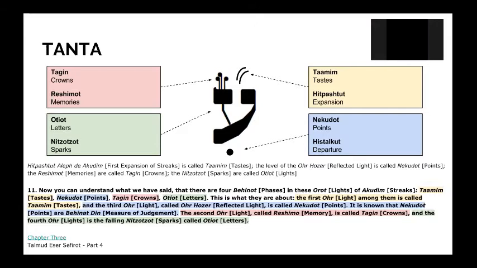And even though we're talking about Reshimo, or these reminiscences of light, how this is interacted with is also scripting, if you will, what the next slide will be. So how do we connect those?